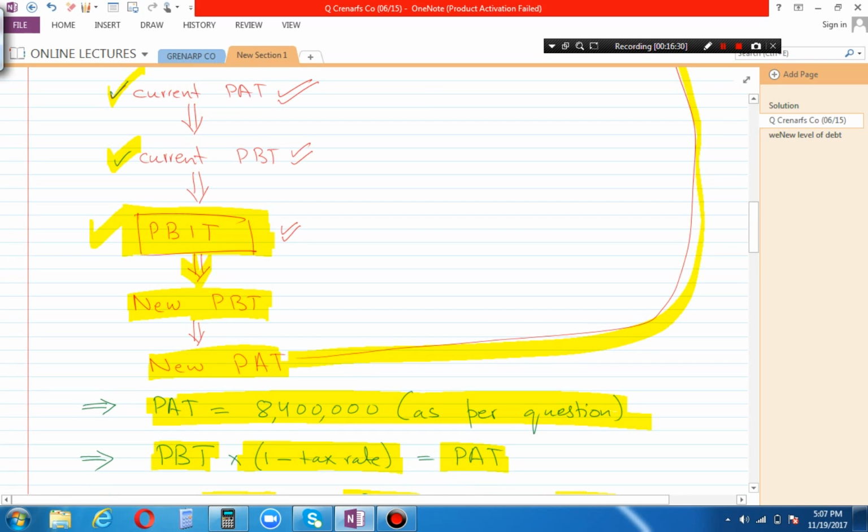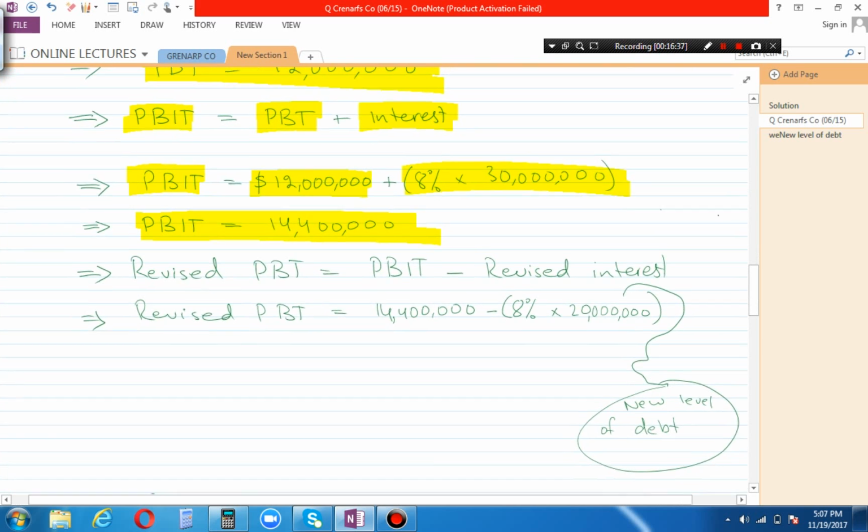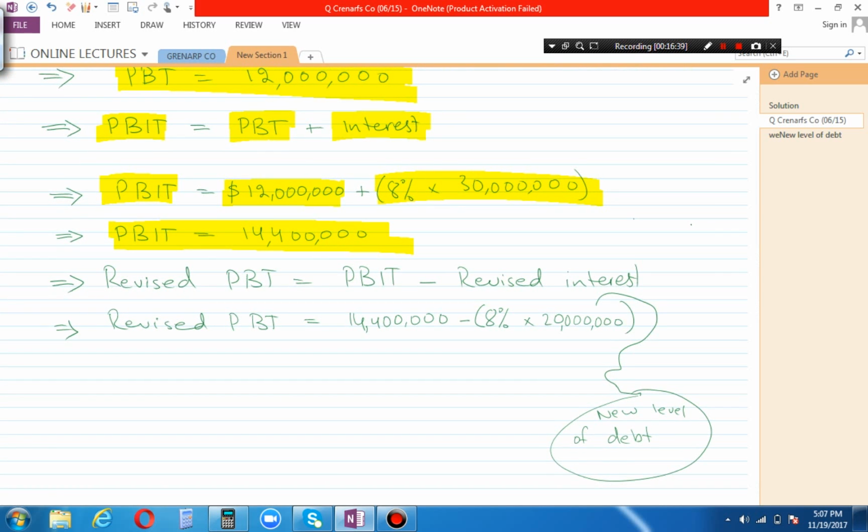After that, you have to calculate your new profit before tax. So let's calculate the revised profit before tax, which would be a better word. Revised profit before tax is your PBIT minus your revised interest. Now what is revised interest?